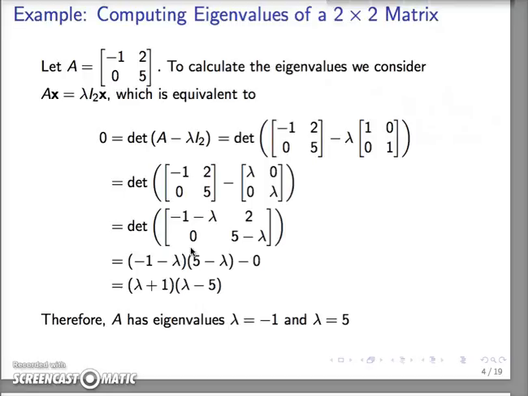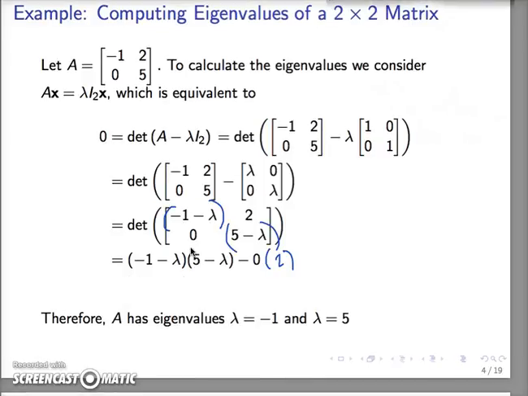What happens at this step is that we start with 0 equals determinant, and we're working our way through the right side of that first expression. And now we arrive at the expression 0 equals this product here.